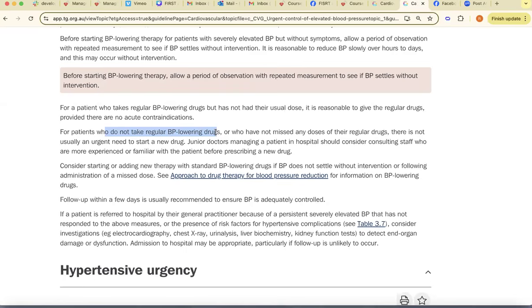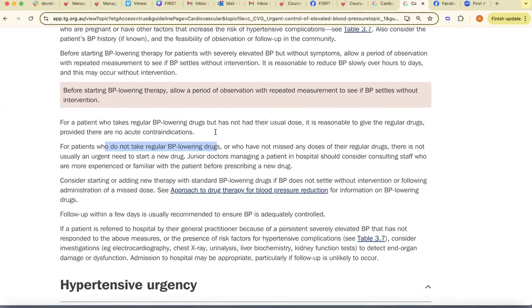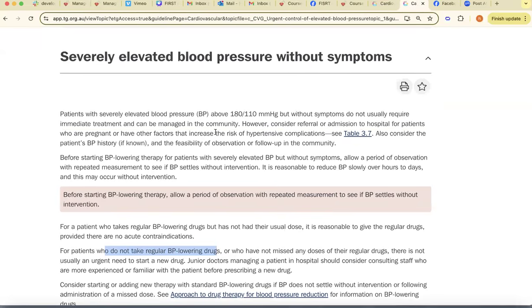Those can be started. So you start a low dose medication and ask the patient to go and see their GP who can regularly manage it.